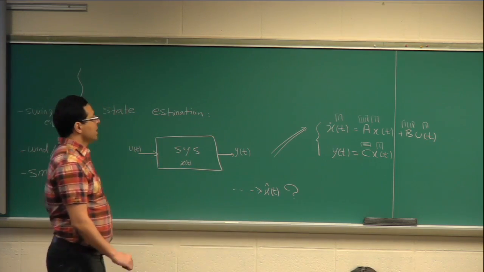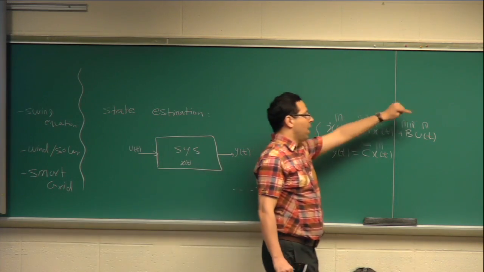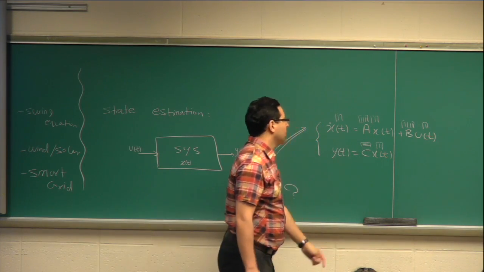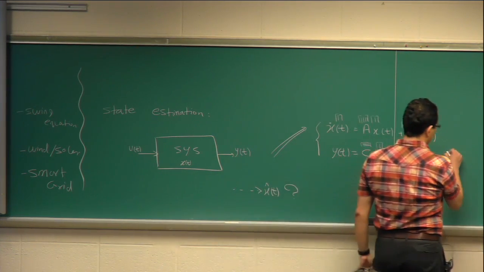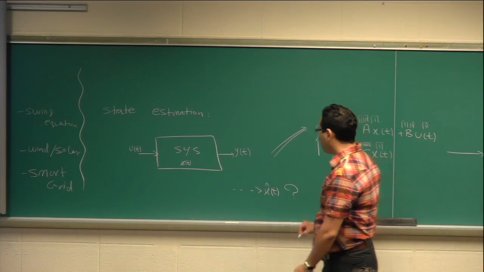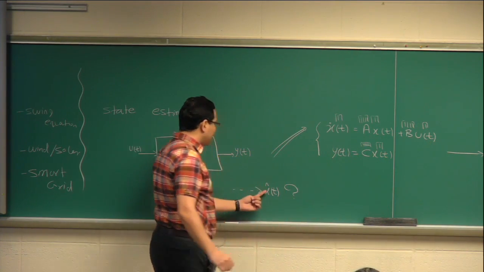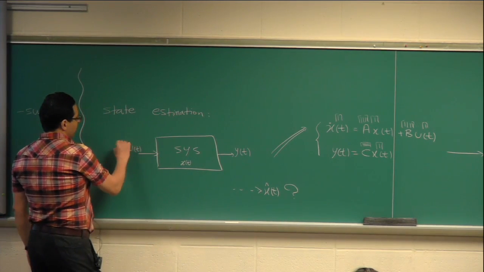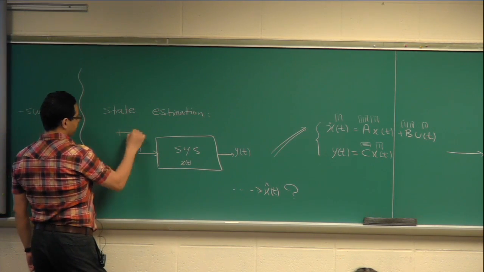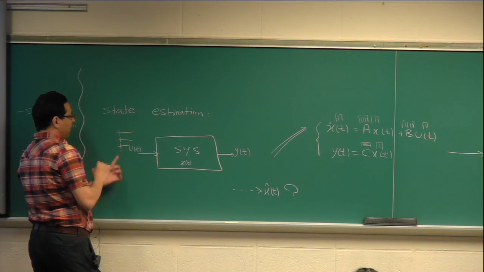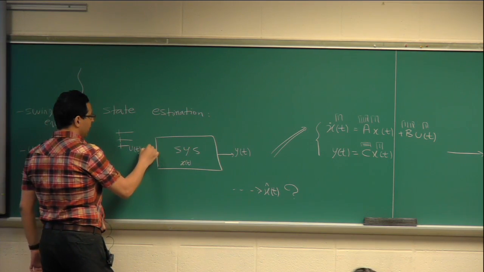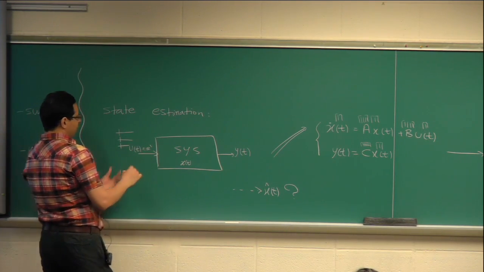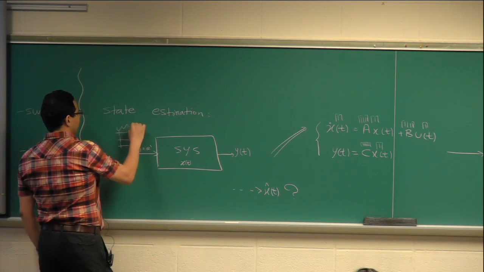So how can I see y and also see u and try to find x? This is the state estimation problem. So I'm looking for an x hat in a way that, so u is a bunch of signals. For example, if u is in R3, u is a vector in R3, a vector with 3 entries, each one is a signal.